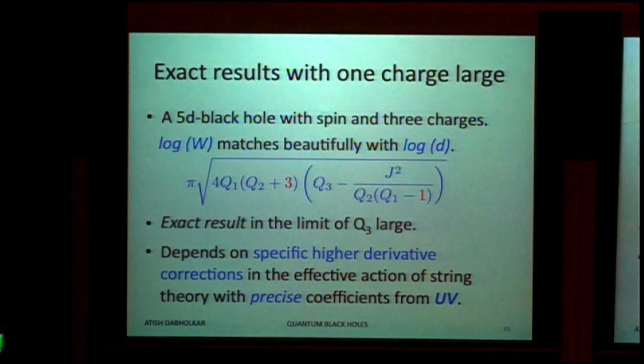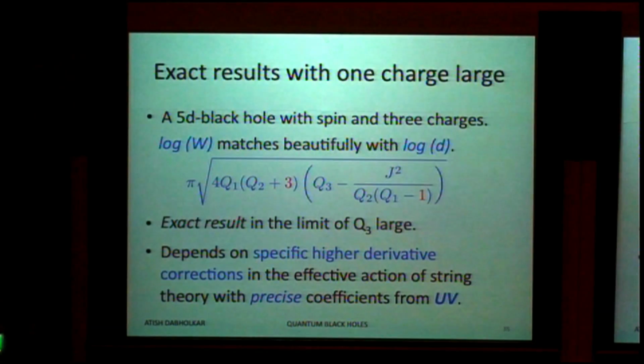If you evaluate the logarithm of the degeneracy that we computed from some modular form as I gave you, it gives you some non-trivial answer like that. And notice that all these numbers like 3 and 1, so Q3 is large, but Q2, Q1 are all finite.